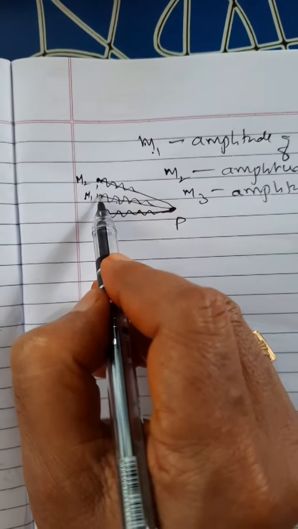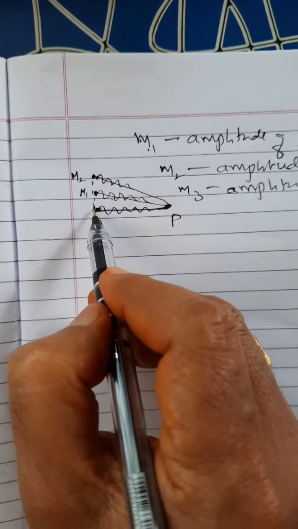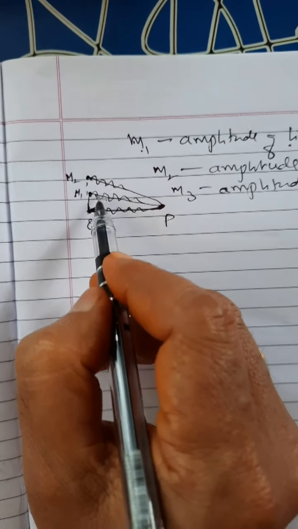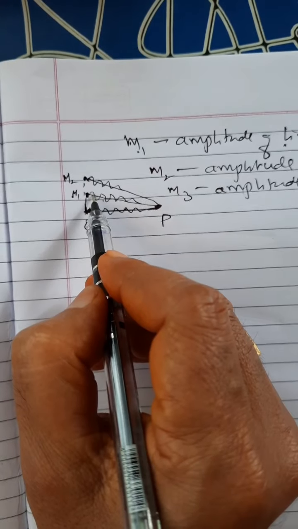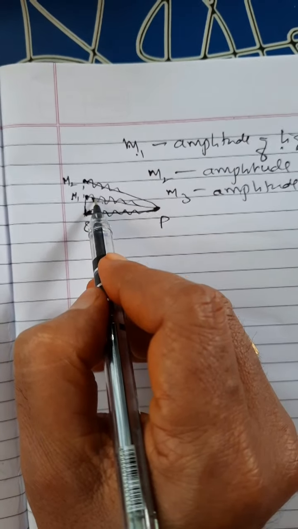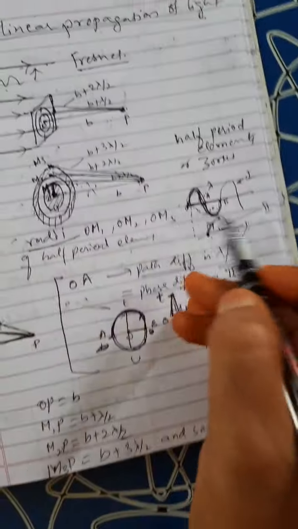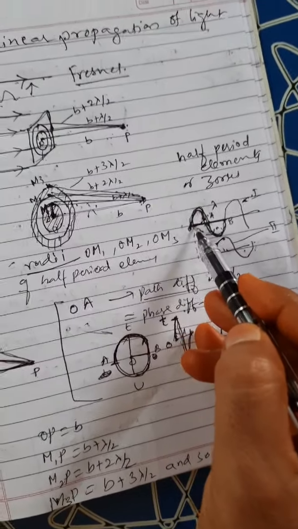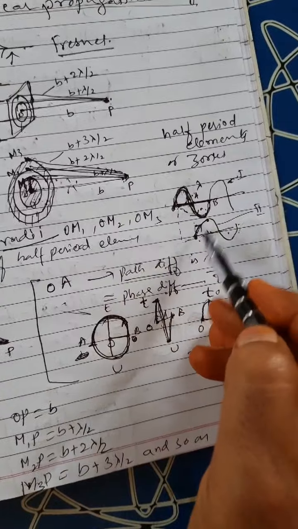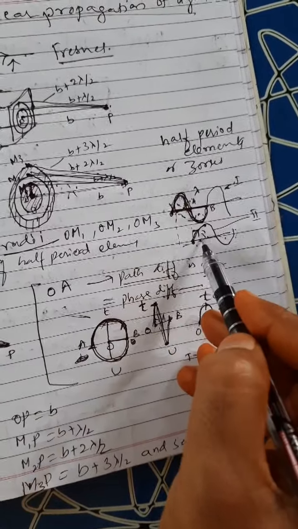Then what happens? Light going from these points, the path difference between these two is lambda by 2, means they are out of phase by 180 degrees. As I showed, if the path difference is lambda by 2, these two are out of phase by 180 degrees.